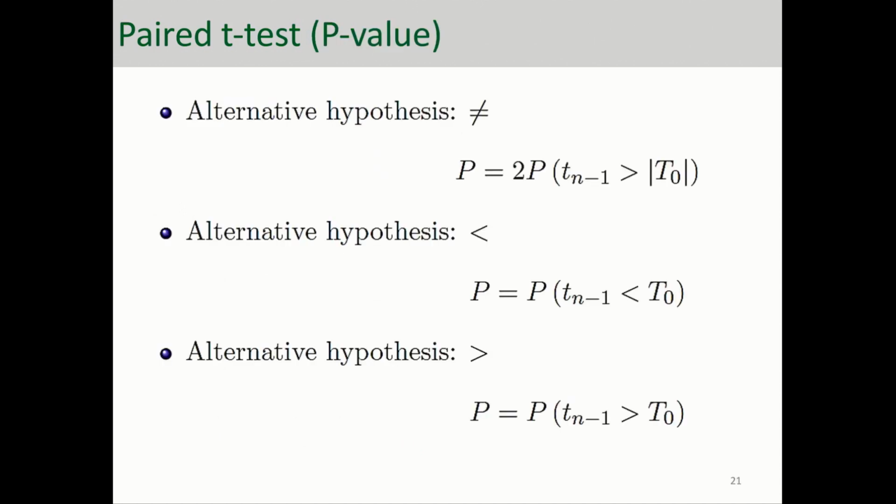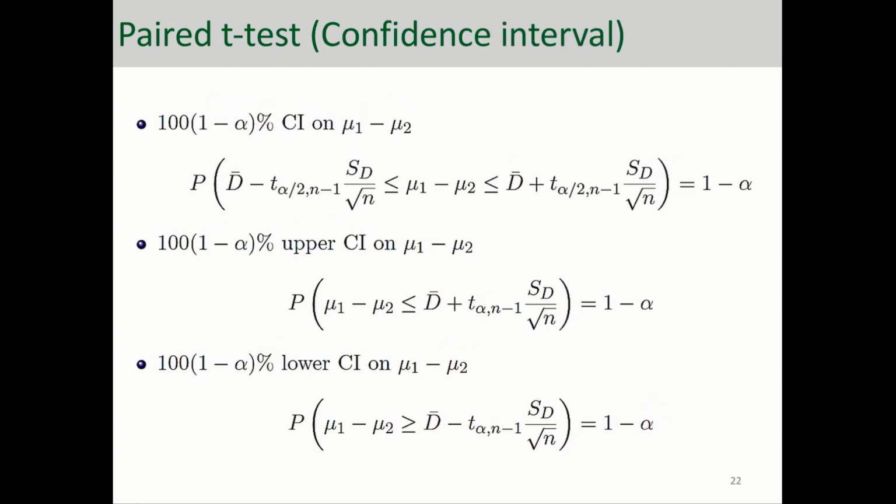You can also do the test by looking at the p-value. These are the p-value formulas, where you calculate, for example here, 2 times the probability of t with n minus 1 degrees of freedom greater than the absolute value of the t score. Or you can calculate the confidence interval as well. For a two-sided confidence interval, you have the lower confidence limit and the upper confidence limit.